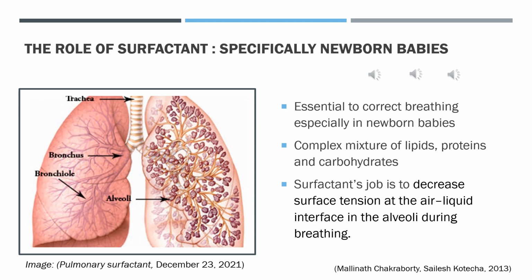Now that we know what surfactant is made of, its importance, and what it does, it's also important to RDS, as we talked about earlier, but even more so for long-term problems. When we look at having low surfactant and our bodies not being able to build it when we're born prematurely, it's important to know that if we cannot treat RDS quickly enough, there are some long-term effects for people.